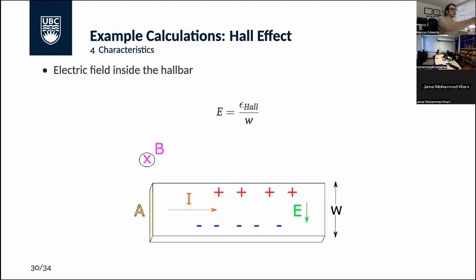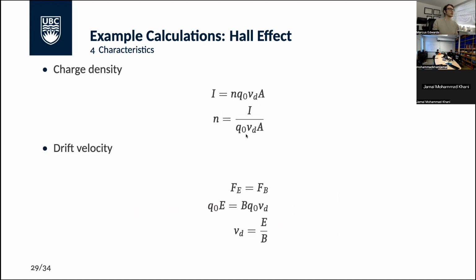We have a cross-sectional area, which allows us to specify the carrier density in terms of area. This electric field is in terms of what we call the Hall EMF, which is the voltage across this Hall bar from the top to the bottom. And we can calculate the charge density based on this.